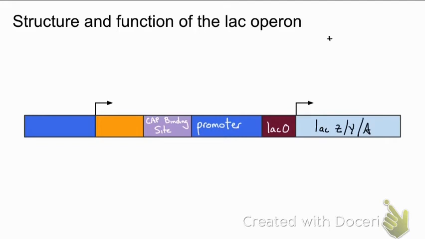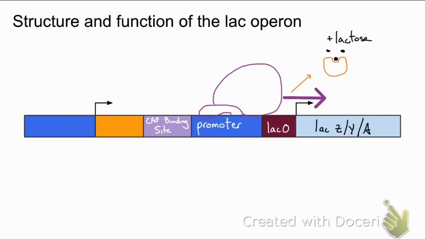So, for example, when we have lactose around in a cell, like so, the Lac inhibitor, which is shown in orange here again, will unbind the DNA when lactose binds to it, and it will change shape. The way that it changes shape is such that it no longer can bind to the operator. In cases like this, the RNA polymerase can now bind to the promoter and activate transcription.